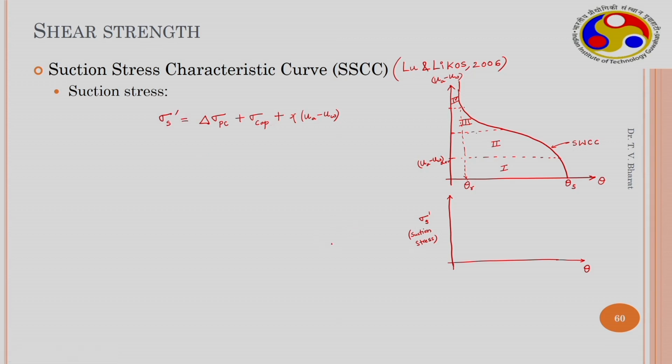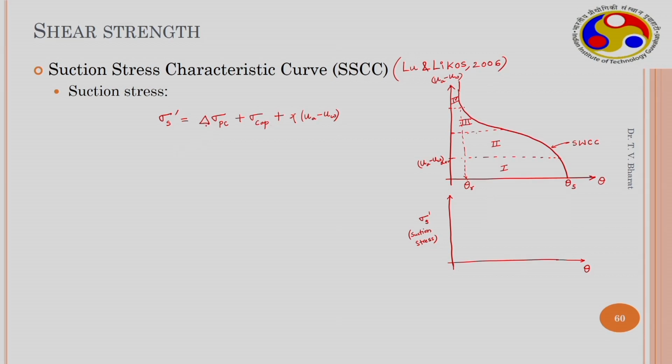In the first regime of the soil water characteristic curve, the change in the physicochemical aspects of clays is insignificant because the change in the volumetric water content is very small. The water content decreases very insignificantly, so the change in the physicochemical aspects becomes 0.